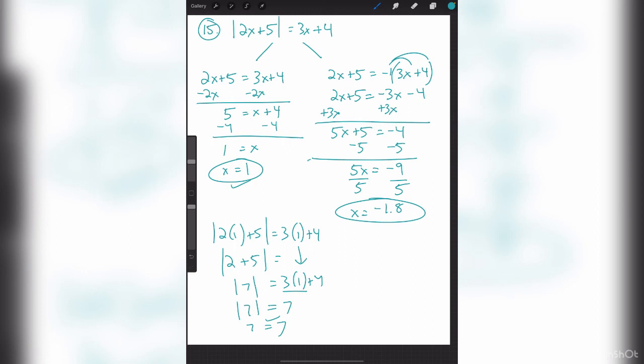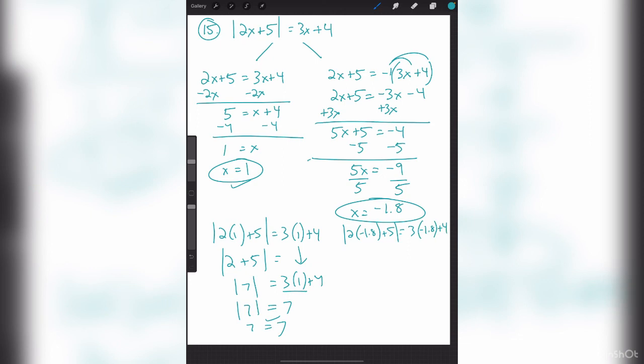So let's check negative 1.8. Okay, so I have the absolute value of 2 times negative 1.8 plus 5 is equal to 3 times negative 1.8 plus 4.